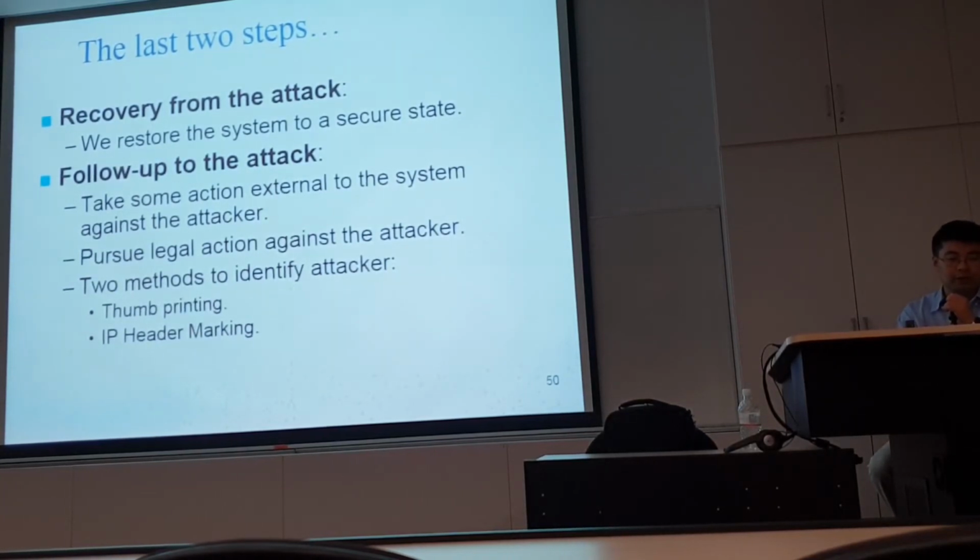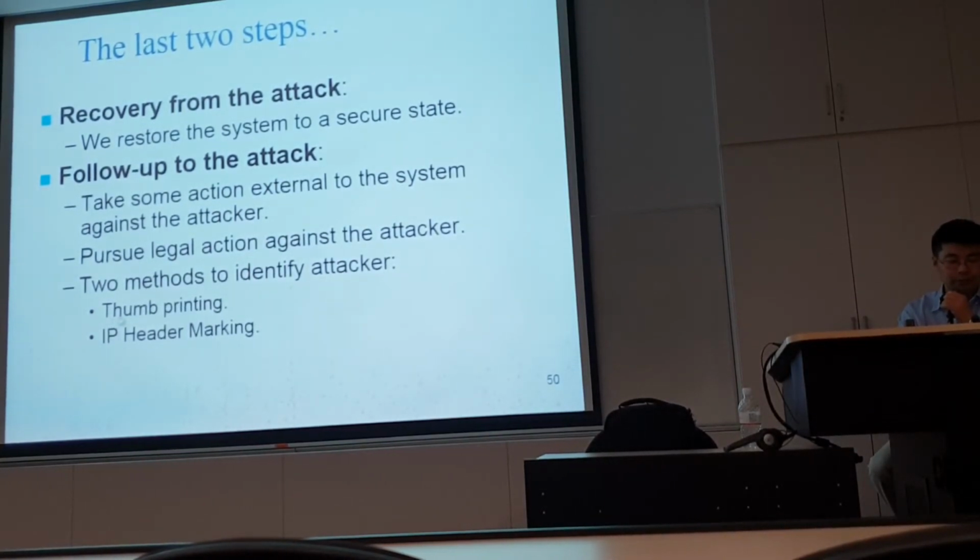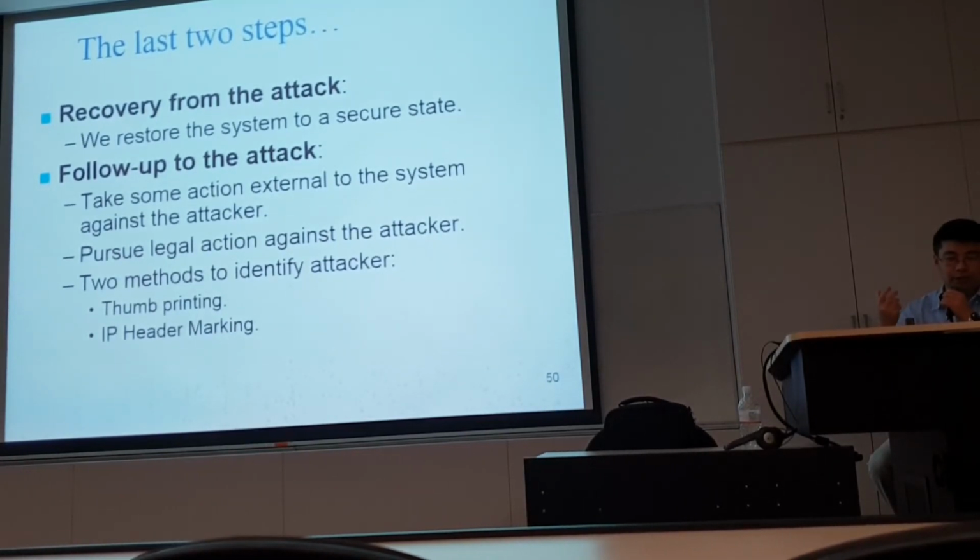For the follow-up to the attack, you may try to identify who the attacker is. There are also some methods to track the attacker, like thumb printing and IP header marking. In this case, we need to do some additional operations in the IP header during transmission.